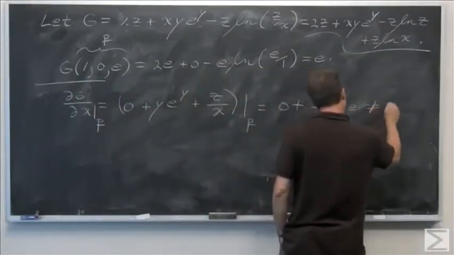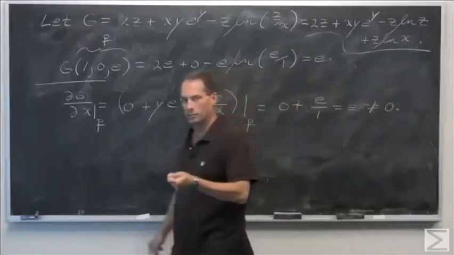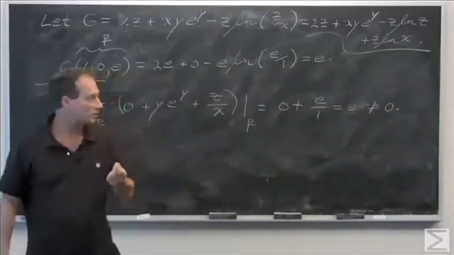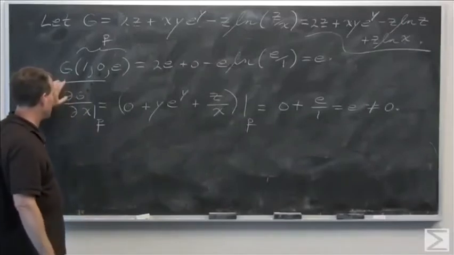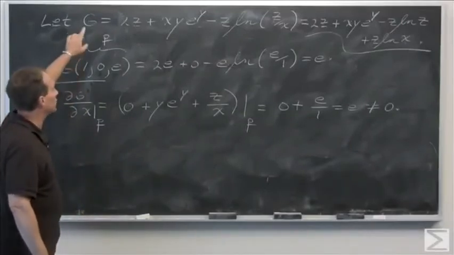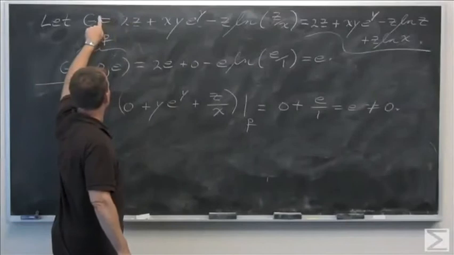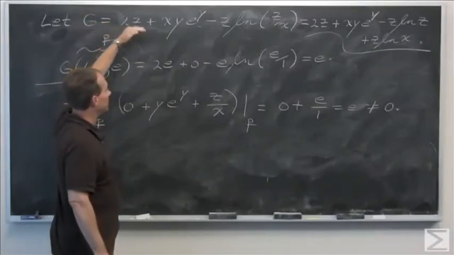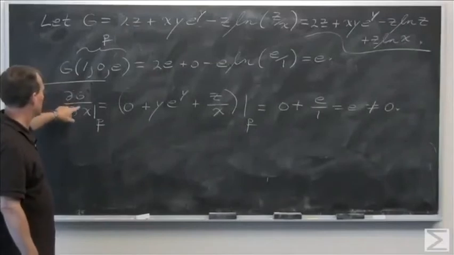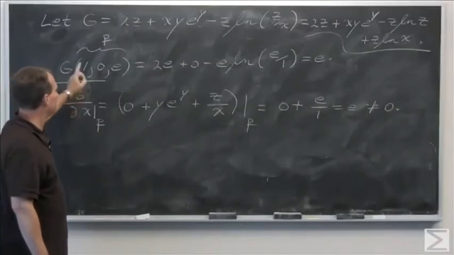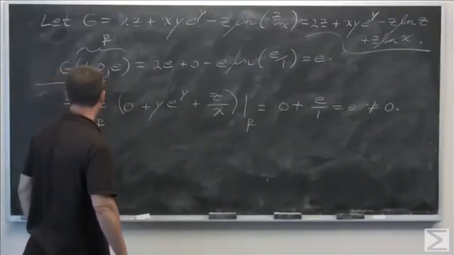Okay, so that's not 0. The partial derivative of g with respect to x at the point in question is not 0, so the implicit function theorem tells us, in fact, that the equation g equals e does implicitly define x as a function of y and z near this point.